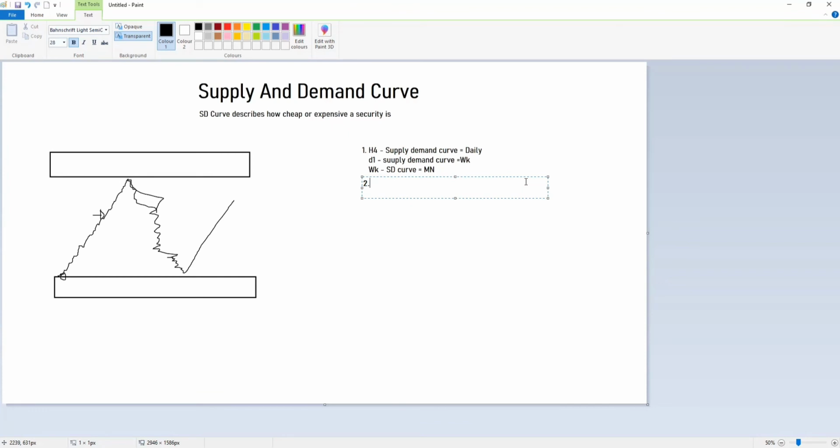So, okay, we're now getting into quantifying this, right? And then you're going to need two variables.